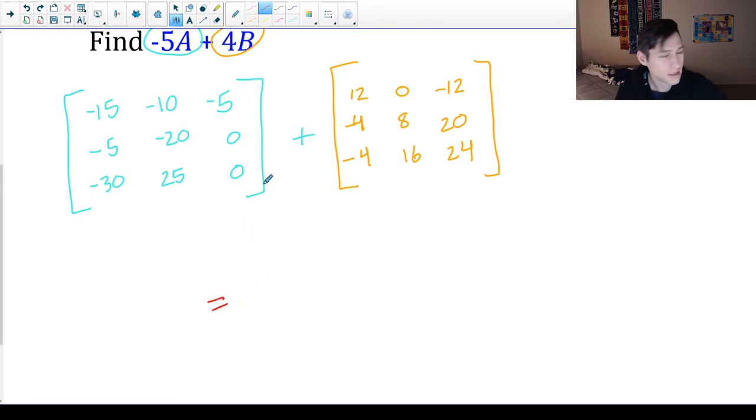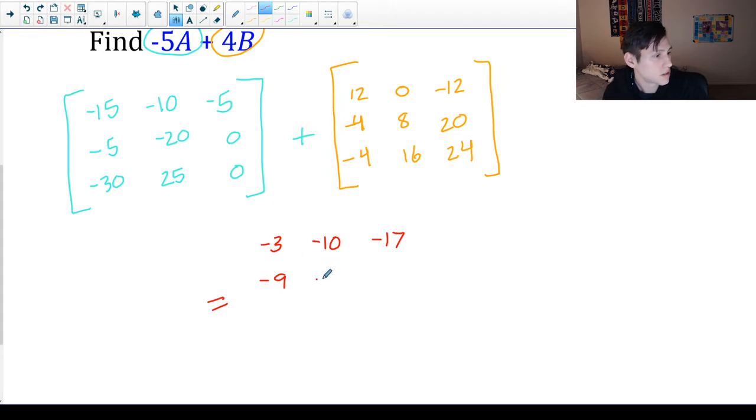Now let's actually add these two matrices together. So remember, for matrix addition, it's exactly what we think. It's very intuitive. We just match up the spots and add those together. So negative 15 plus 12, negative 3. Negative 10 plus 0, negative 10. Negative 5 plus negative 12, negative 17. Negative 5 plus negative 4, negative 9.